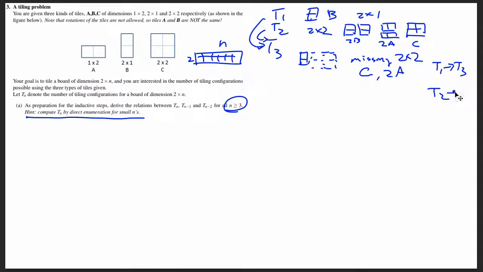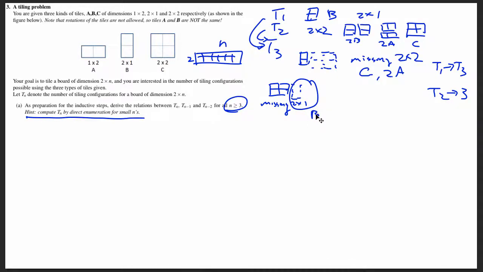Now, for T2 to T3, you have some sort of setup here, and you're just missing a 2 by 1 piece. So, how can you fill this?